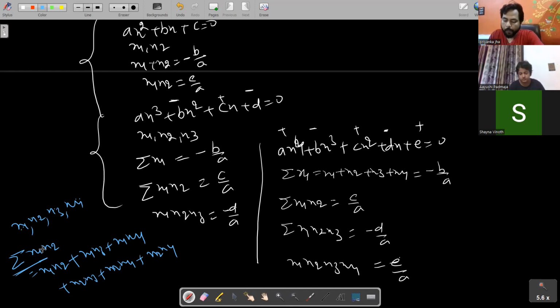What is the third term? See, x1, x2, x1, x3, x1, x4, then x2, x3, x2, x4, and in the end, x3, x4. All possible combinations of two objects.